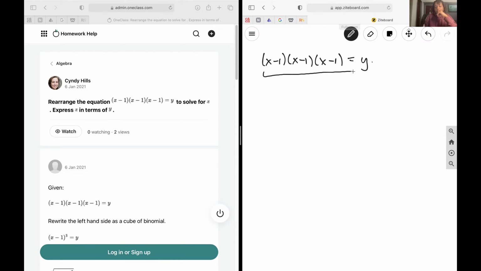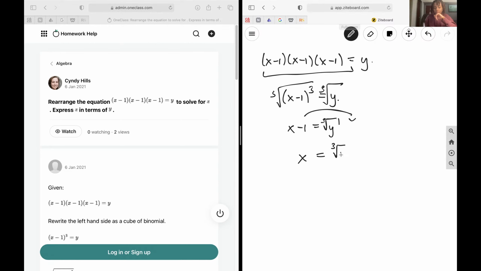I can simplify this a little bit further to give me (x minus 1) cubed is equal to y. Now, if I want to solve for x, I can simply cube root both sides to get x minus 1 is equal to the cube root of y, and then I simply solve for x to give me x is equal to the cube root of y plus 1. And that's going to be it for this question.